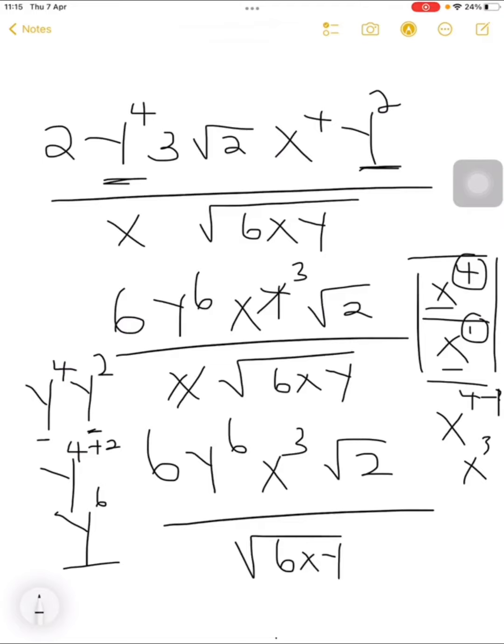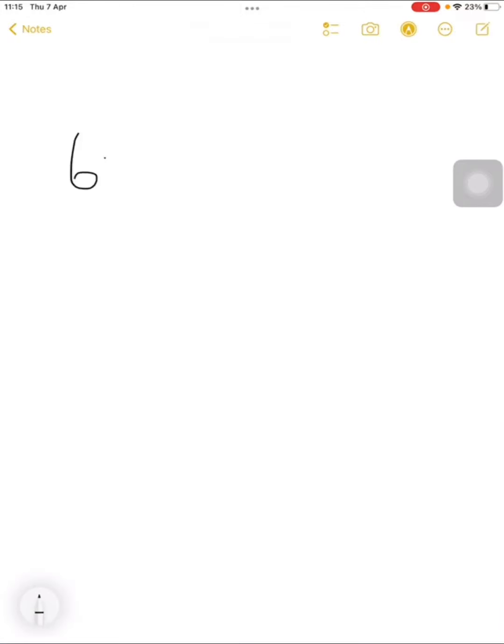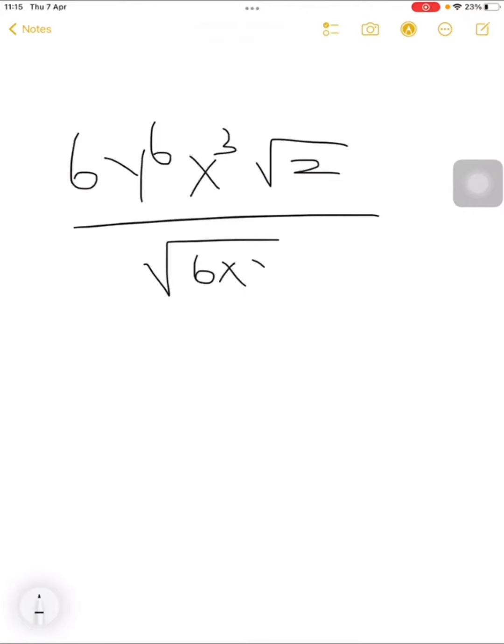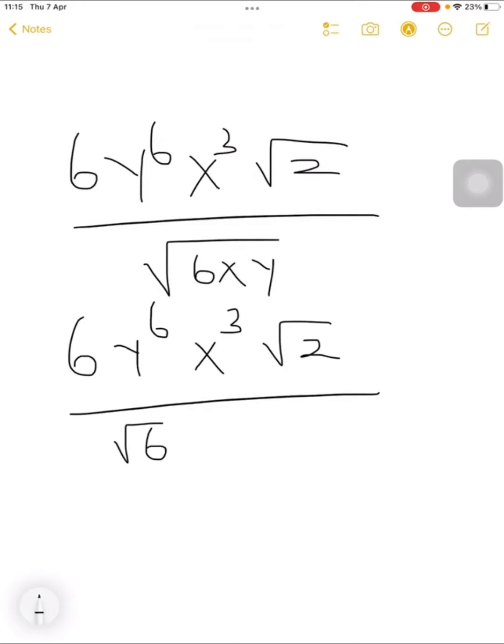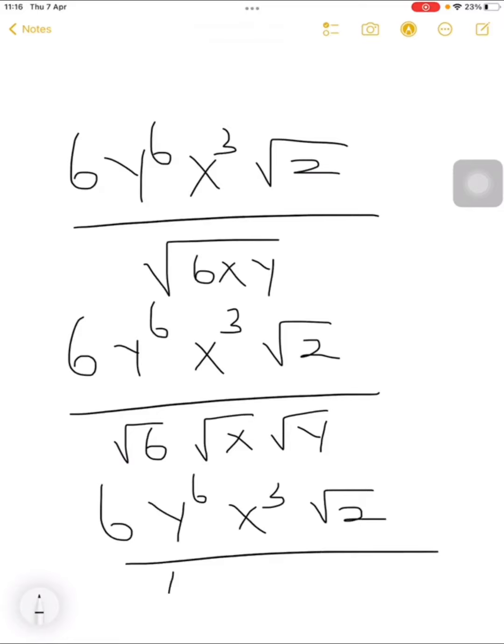All right, so then again from here we can simplify further, by the way, and let's see how it goes. So we have 6y⁶x³√2 divided by √6xy. We can separate the 6, the x and the y, each one of them to have its own root, which is the same as 6y⁶x³√2 divided by √6, then x to the power half, and y to the power half, because I want us to combine this to simplify the x with the x, and then the y with the y.